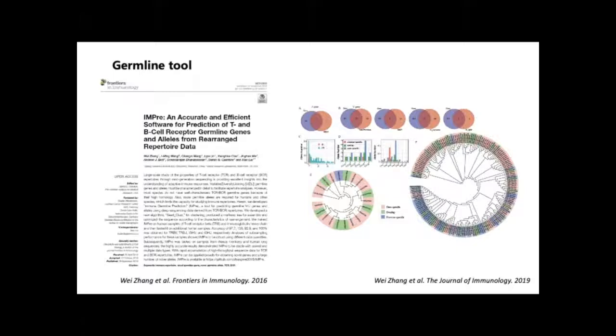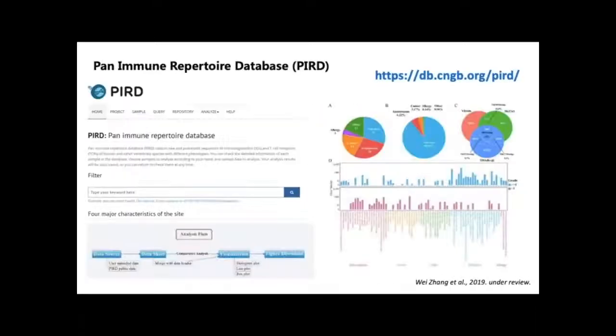Then we built a phylogenetic tree and properly assigned nomenclature to all these alleles and genes. This work was done almost 2 years ago, but it took us a long time to prepare the manuscript, so it was only recently published.